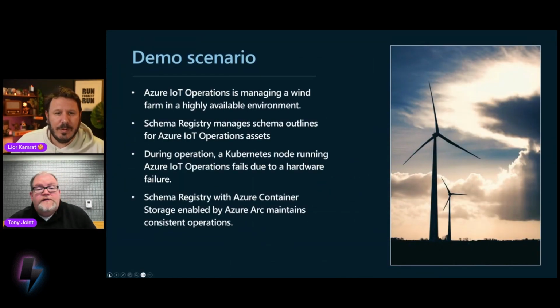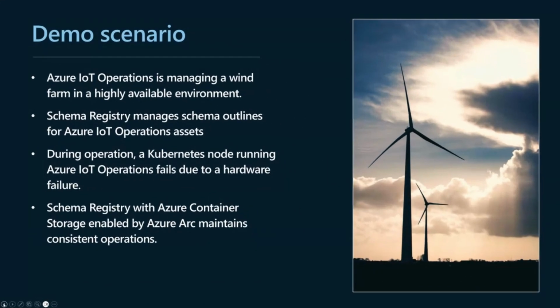So in our demo, we've got Azure IoT Operations running with Schema Registry that has some schemas for a wind farm. We have some schema files defined in that portal that have now been synced down to our edge installation, and Schema Registry is responsible for making those outlines available.